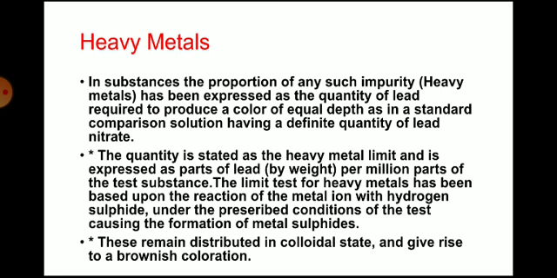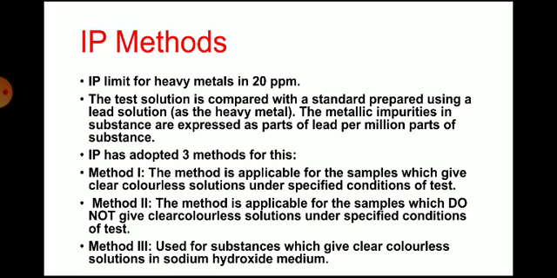The quantity stated as heavy metal limit is expressed as parts of lead by weight per million parts of the test substance. The impurities remain distributed in colloidal state and give rise to a brownish color. The Indian Pharmacopoeia gives a limit for heavy metals of 20 parts per million.